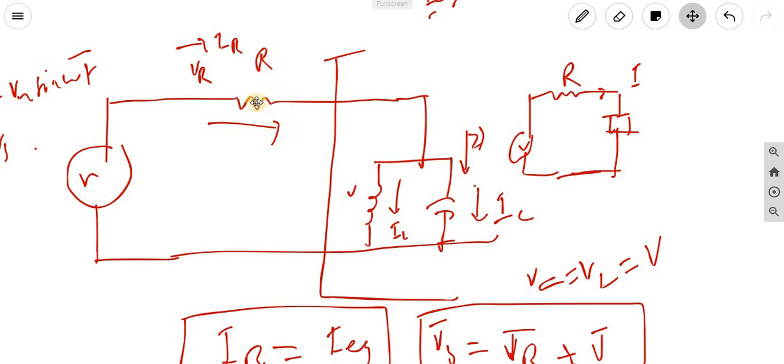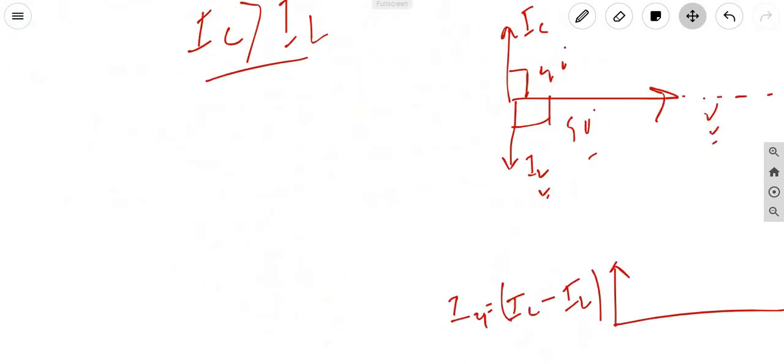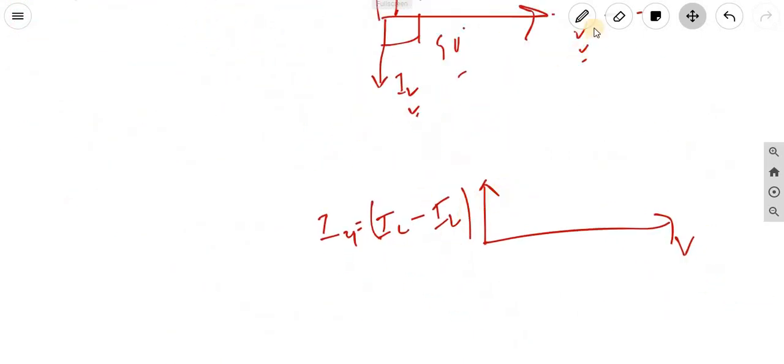Now VR and IR. So in this way, this is IR. Now, as we know, for the resistance VR and IR are in the same phase, so VR would be in the same direction.